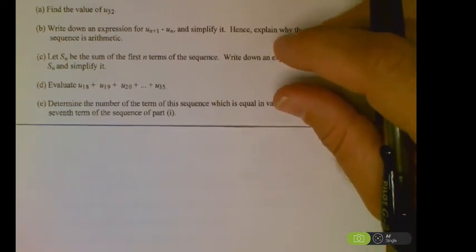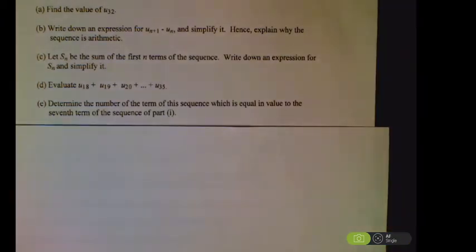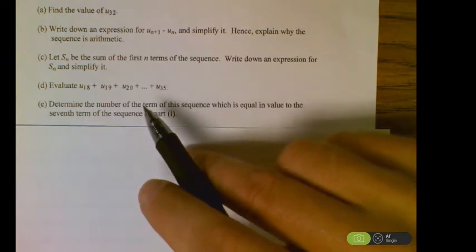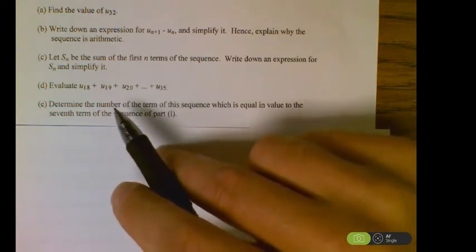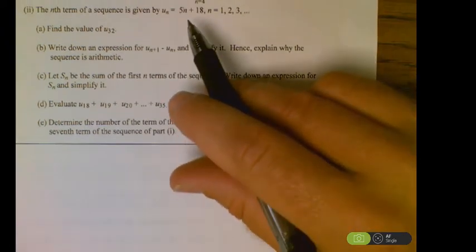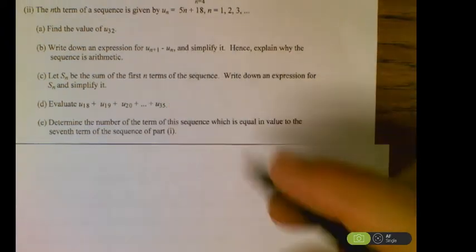Last part on that question, so determine the number of terms of the sequence, which is equal in value to the 7th term of the sequence in part I. So this one is now back to just a specific term number, no longer a sum. So remember, this sequence was defined by 5n plus 18.